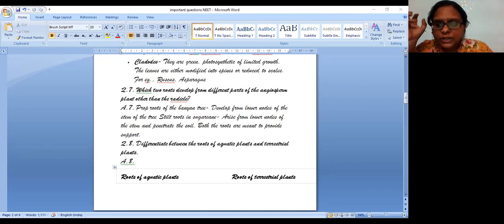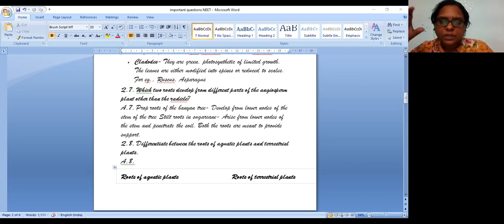So in this chapter, the only method is to look at the examples, including the other examples which I couldn't show you. Most of the things which are not familiar, I have taken as examples, and which are easy, which they generally ask in the exam. So when you study this chapter, whenever you come across an example, just go and see the image. You have to choose the image.